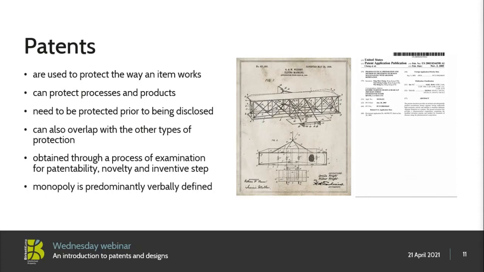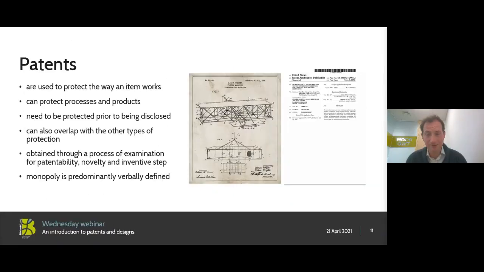But we've got two very contrasting products here. We've got a flying machine, which, although not particularly attractive, we can say does have an aesthetic aspect. And then we've got something that you can't see at all, a vaccine, a biotechnological invention. But they both have a technical character.